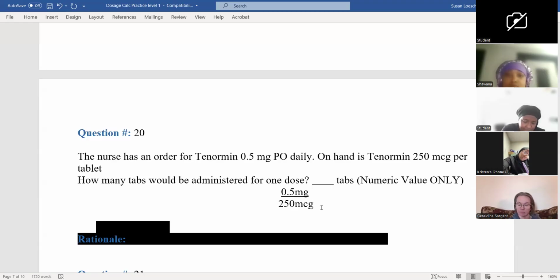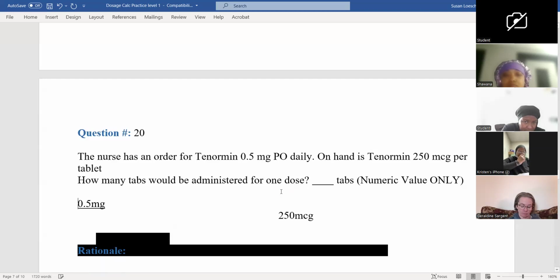Okay, so that means you can either move that decimal right here, 3 places to the right, 1, 2, 3. So you could add 2 zeros to that. Or you can multiply by 1,000.